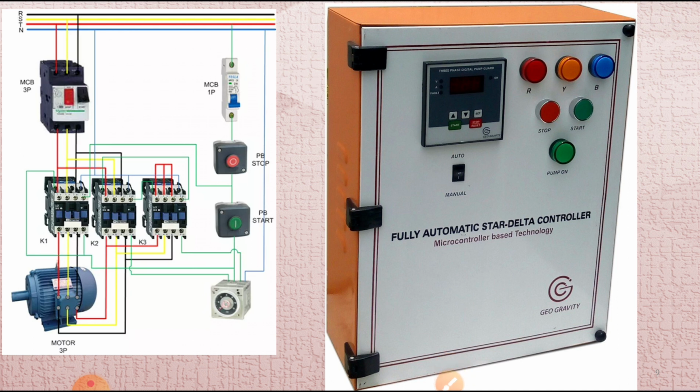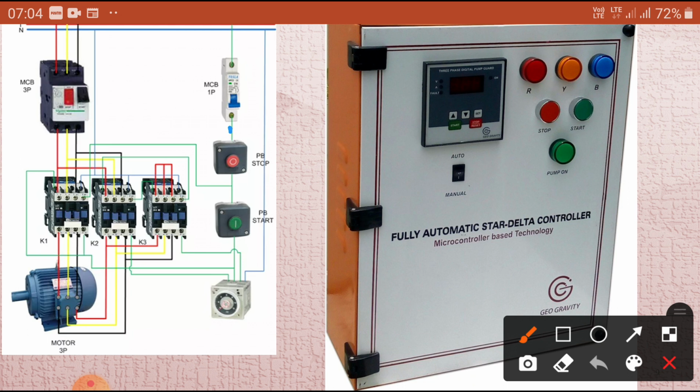Now if you look inside, whatever we require is there: MCB single phase, normally closed, normally open, the timer, everything you can see here. Here you can observe a normally closed NC switch, and this is the NO switch, the green switch for start. This is the timer.